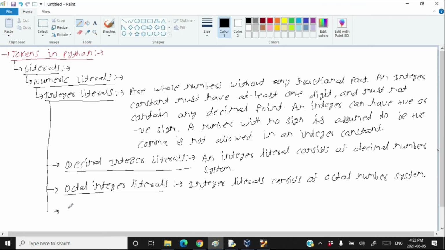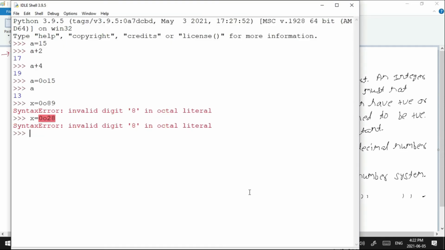After the octal integer literals, we have hexadecimal integer literals. Integer literals that consist of the hexadecimal number system are called hexadecimal integer literals. How are you going to write a hexadecimal integer literal? To write a hexadecimal integer literal, that literal must be prefixed with 0x, either capital X or small x.